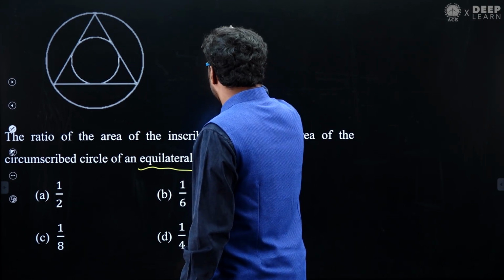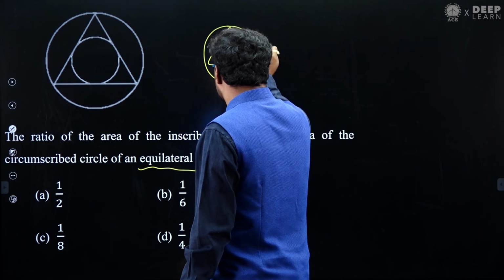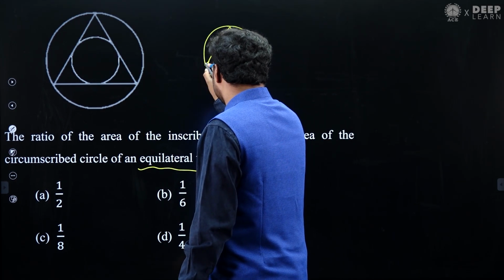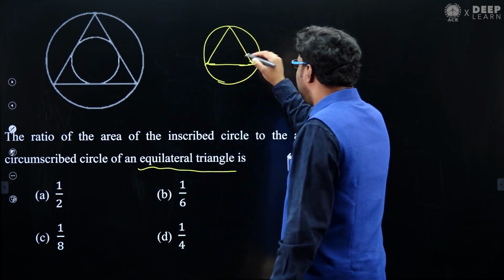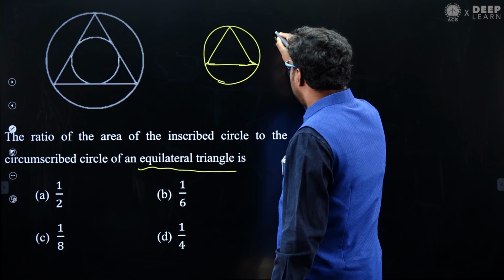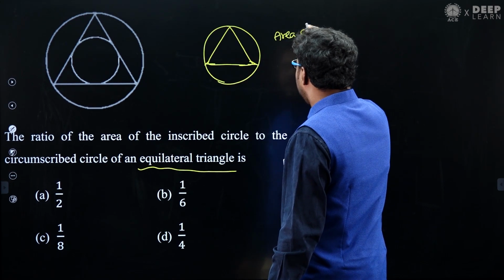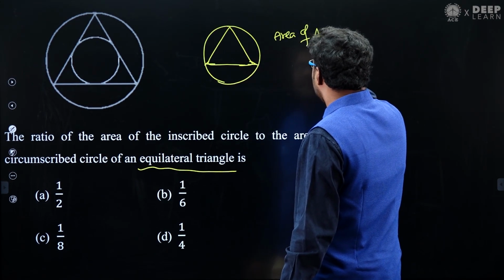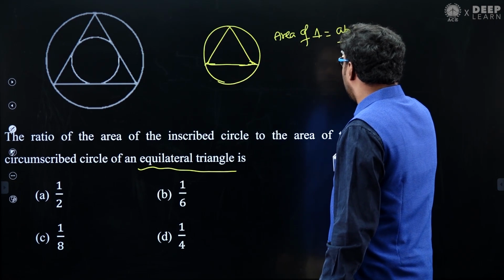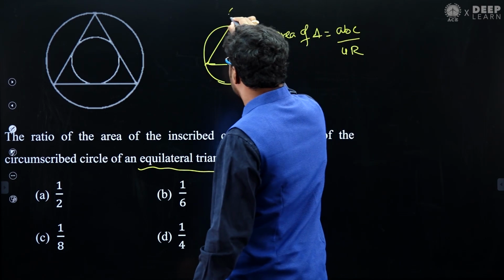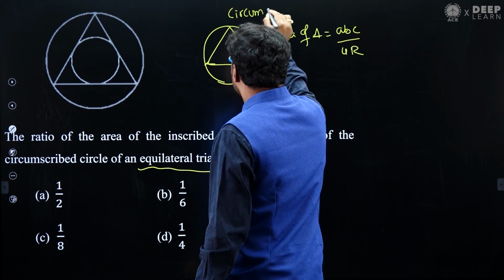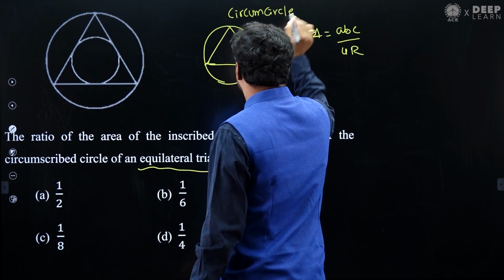Related to the circumcircle, if the sides are A, B, C, what is the area of the triangle? For the circumcircle concept, the area is the product of sides divided by 4R, where capital R is the circumradius. This is related to the circumcircle, or circumscribed circle.